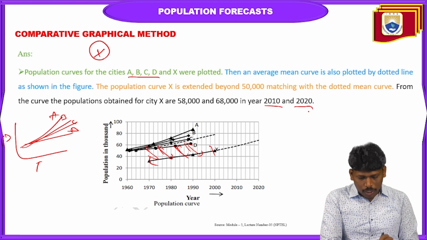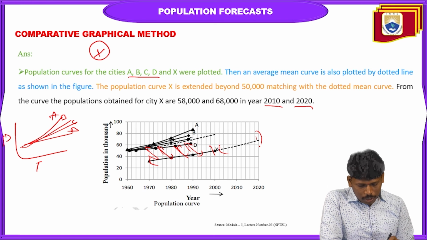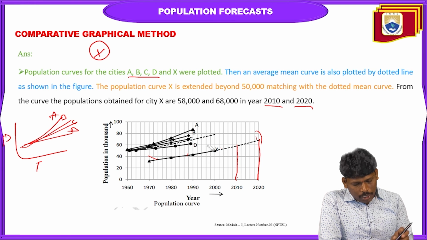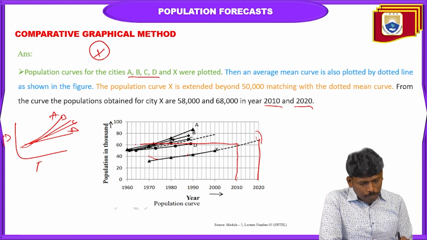To obtain the values for 2010 and 2020, I just extended using the graphical method. If I want a value at 2010, I am supposed to draw a straight line here, and if I want the value at 2020, again I draw one straight line, and this line has to merge with the horizontal one. It becomes like this.